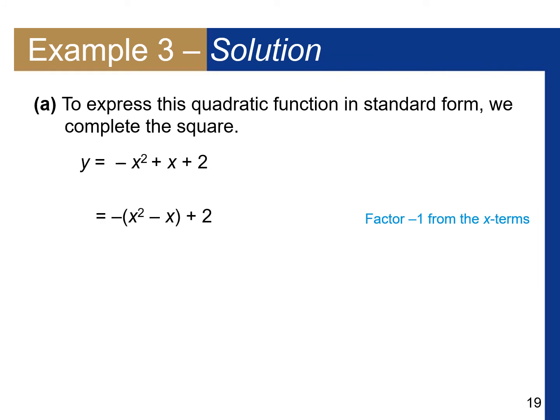So here we go. Factor out the negative, like I said. So I factor out the negative, I get this. Now I have to see what am I going to add and subtract to both sides to keep my equation balanced. Well, I take that negative 1 that's in front of the x, divide it by 2, and then I'm going to square that.